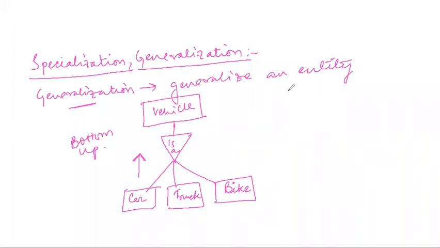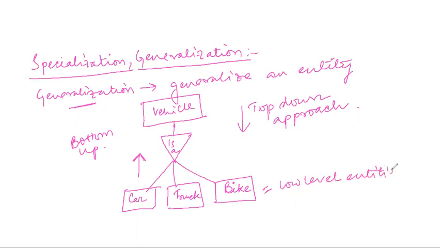So specialization is just the reverse process of generalization, where it is a top down approach. The specialization is a top down approach where one entity is broken down into several low level entities. So these all are the low level entities or the subclasses where the superclass is broken down into several subclasses.